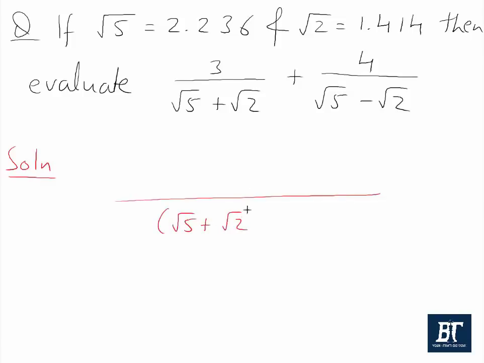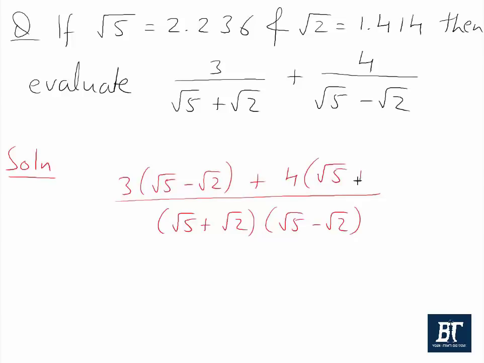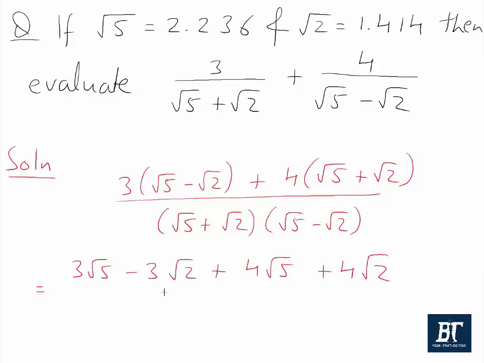When you take LCM in the denominator, you get this, and then this will become 3 times multiplied by this. The way you take LCM and simplify this, and this will become 4 times (root 5 plus root 2). So this will become 3 root 5 minus 3 root 2 plus 4 root 5 plus 4 root 2.